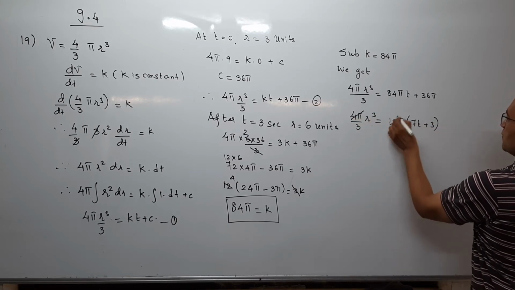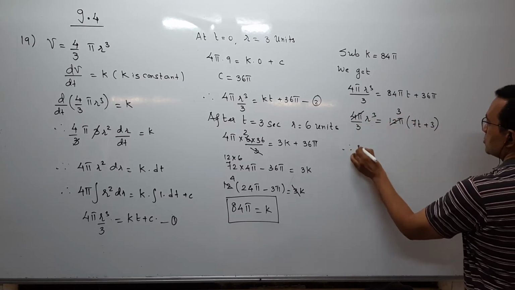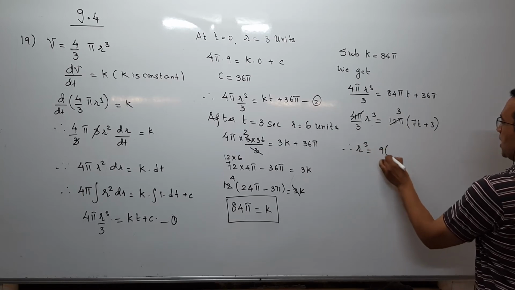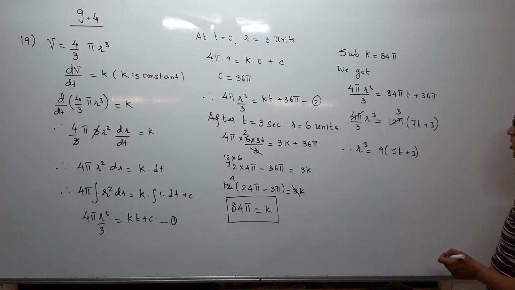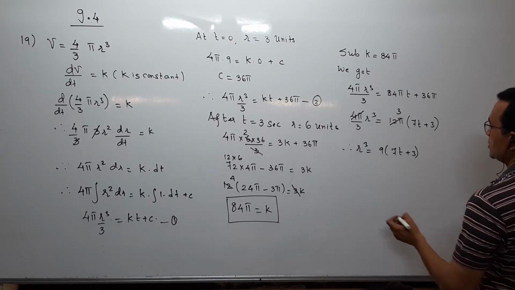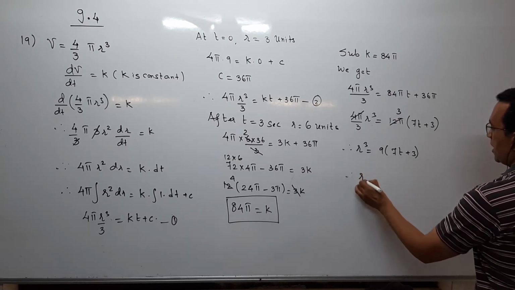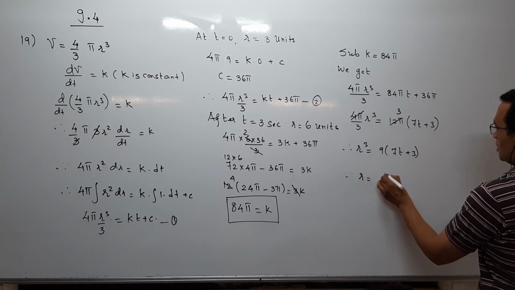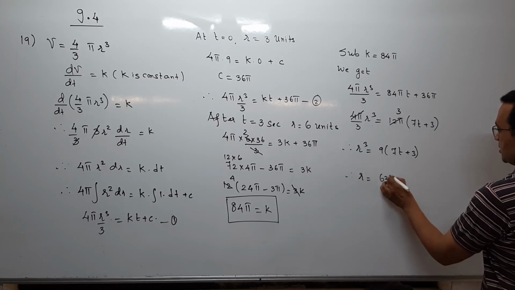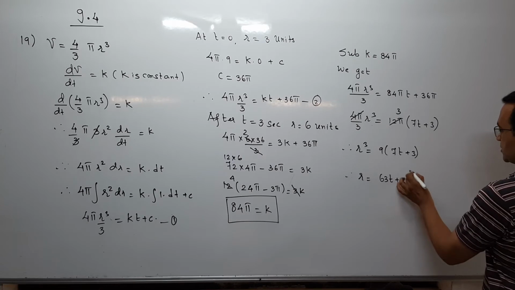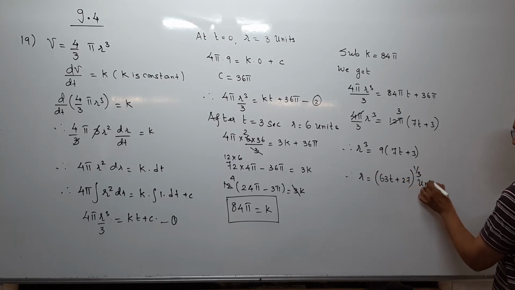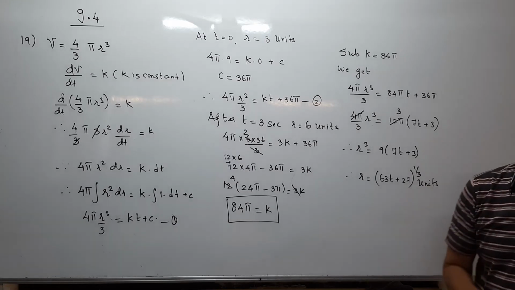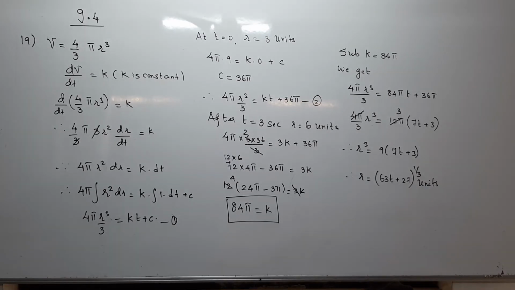So r cube is equal to 9 into 7t plus 3. So finally, students, I will get r is equal to (63t plus 27) raised to 1 by 3 units. This is our answer of r in terms of t.